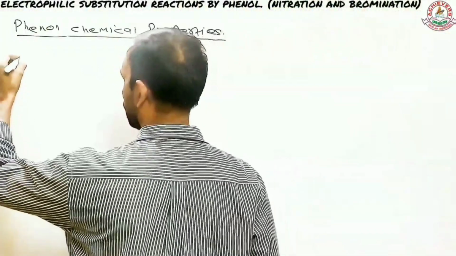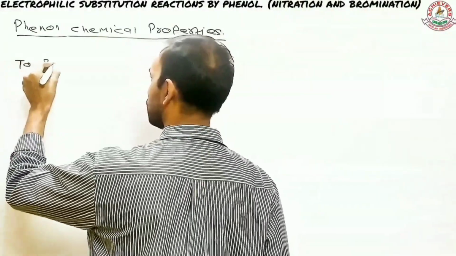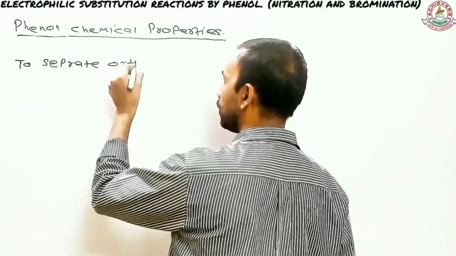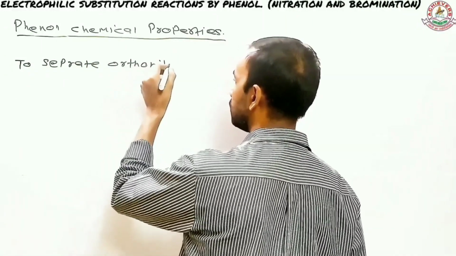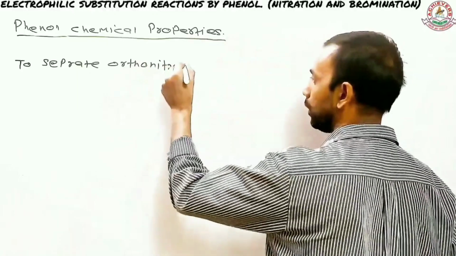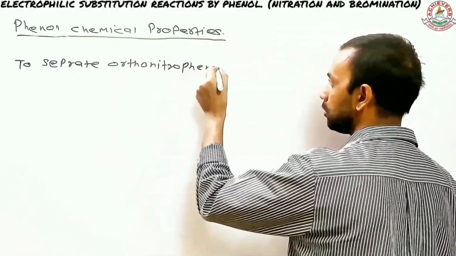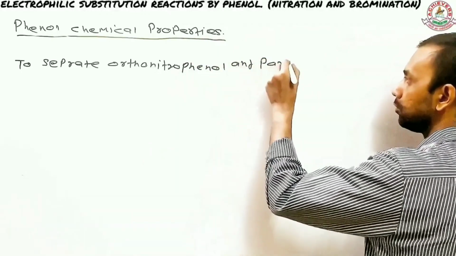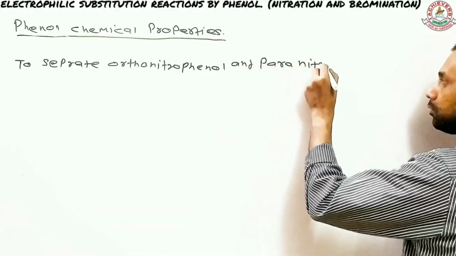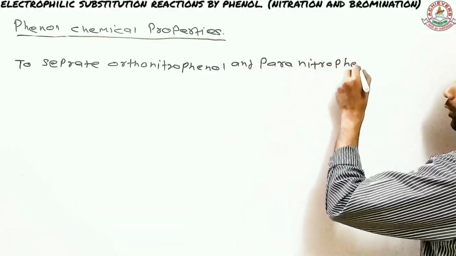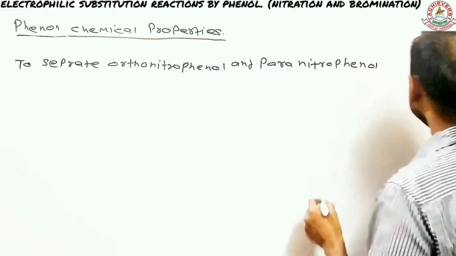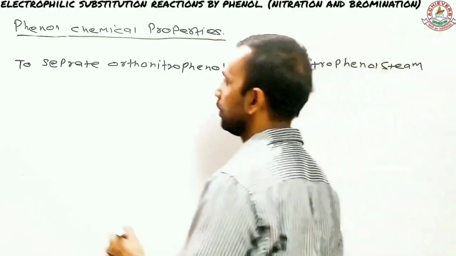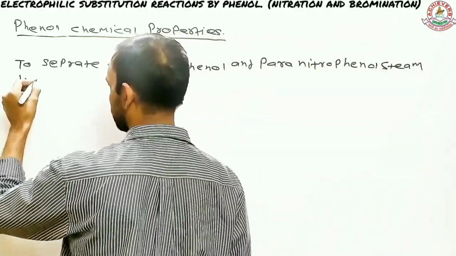To separate orthonitrophenol and paranitrophenol, steam distillation is carried out.